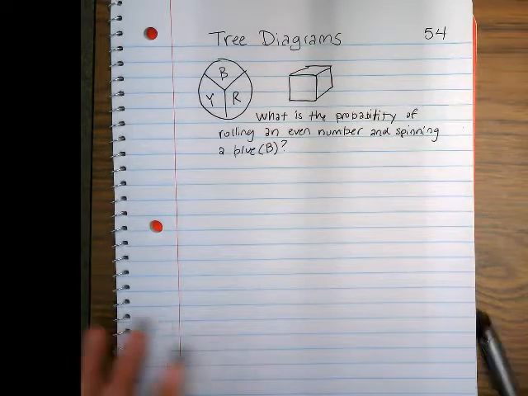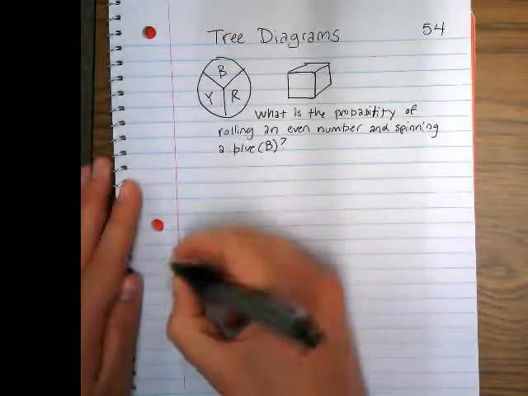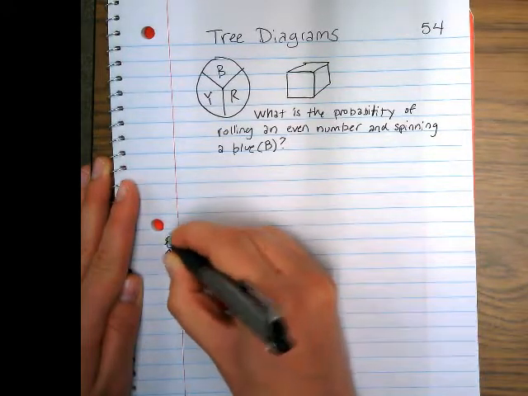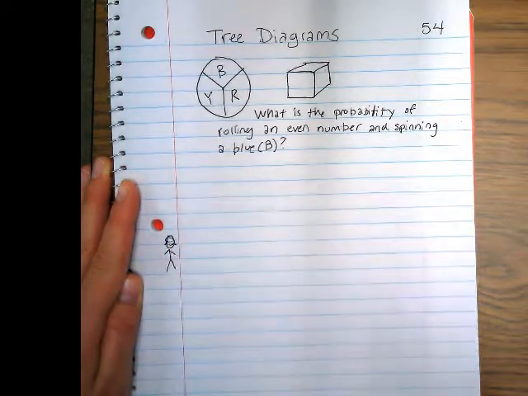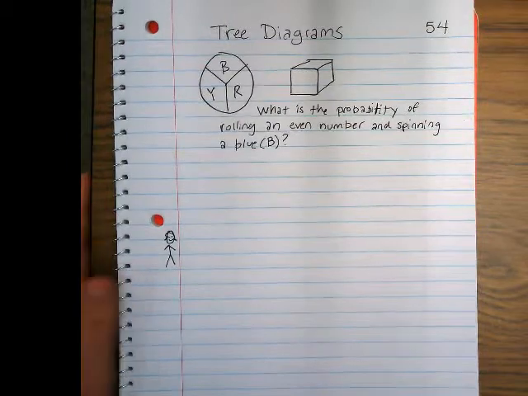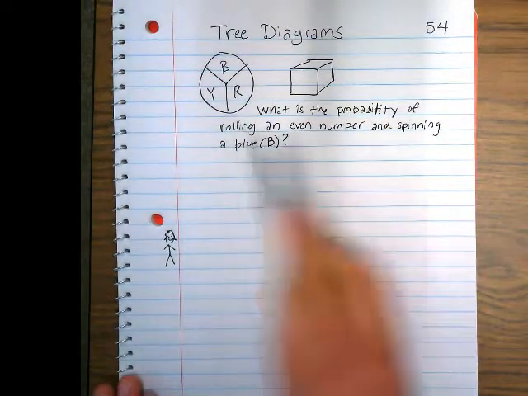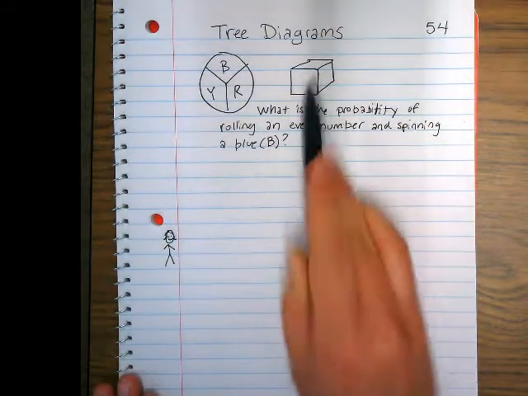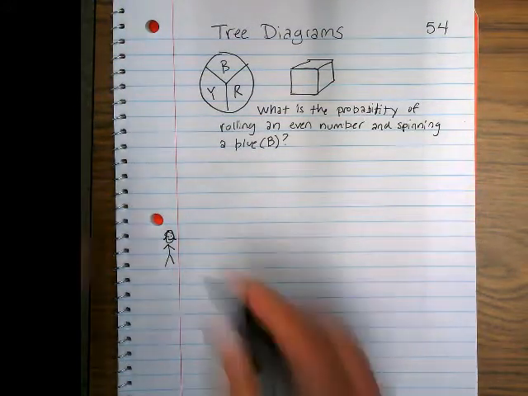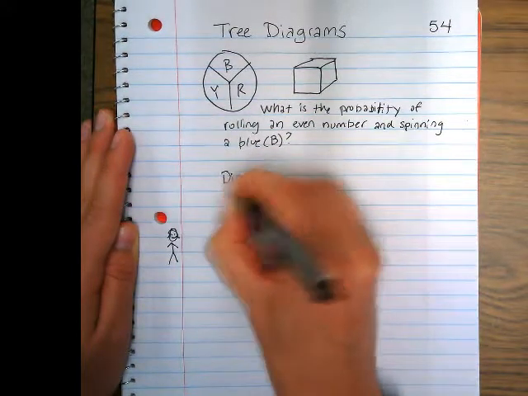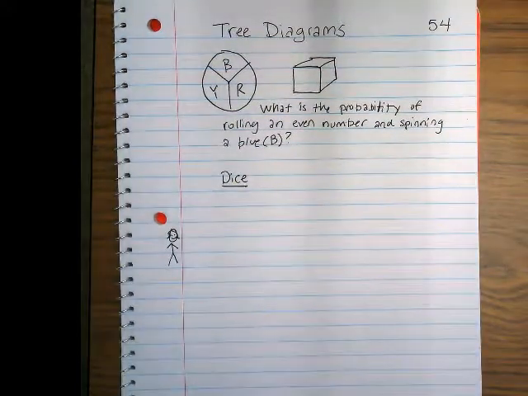Okay, so I'm going to start with a little mini self-portrait of me because I'm going to be the one down there. And first we are talking about the probability of rolling an even number. We're talking about the die first. So up here I'm going to write dice, because that's what we're rolling first.